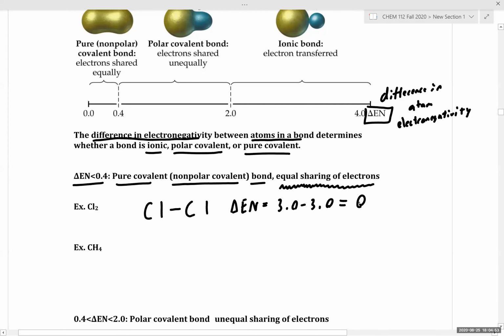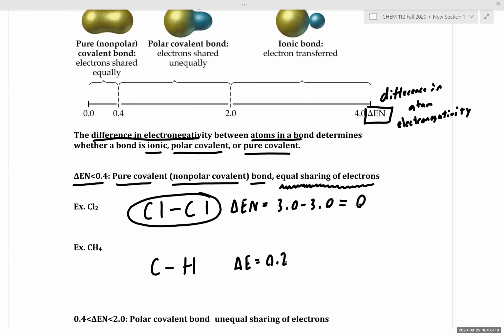But in this case, we can clearly see the difference in electronegativity is 0. So we have an even sharing of electrons between both of our atoms. Likewise, in methane, if we think about a carbon-hydrogen bond, our difference in electronegativity is around 0.2. Even though there is a small difference, it is relatively negligible. So you can think of a carbon-hydrogen bond as a non-polar bond.